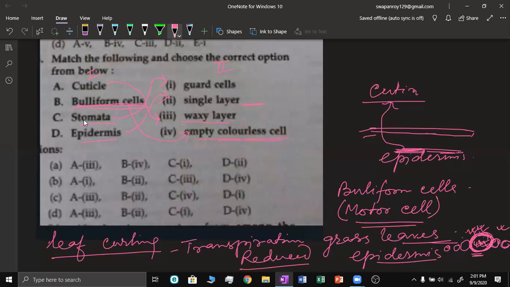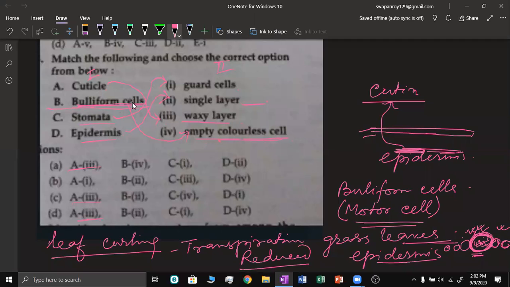So with which will it match? Here also A will match with 3. In this option, there is a confusion. By knowing this first one, you cannot decide the answer, because in all 3 options A is matching with 3. So you have to see the next one.